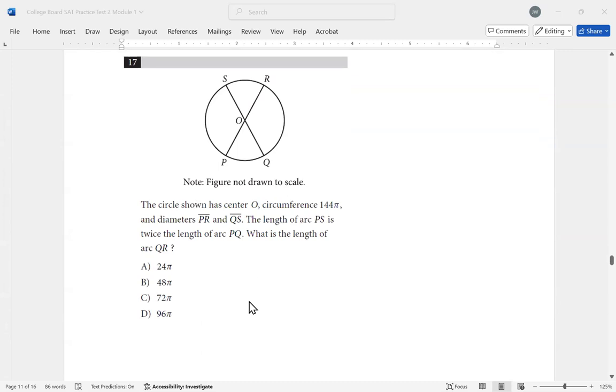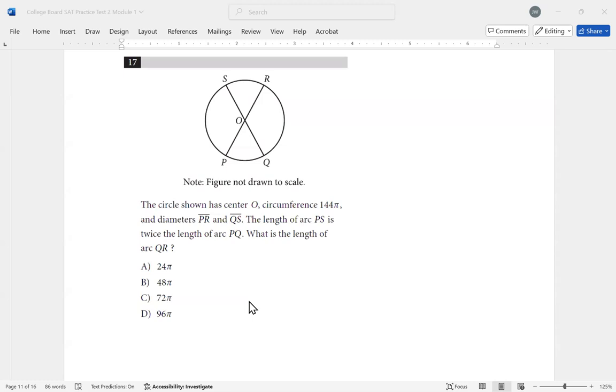Let's take a look at question 17. The circle shown has center O, circumference of 144 pi, and diameters PR and QS. The length of arc PS is twice the length of arc PQ.